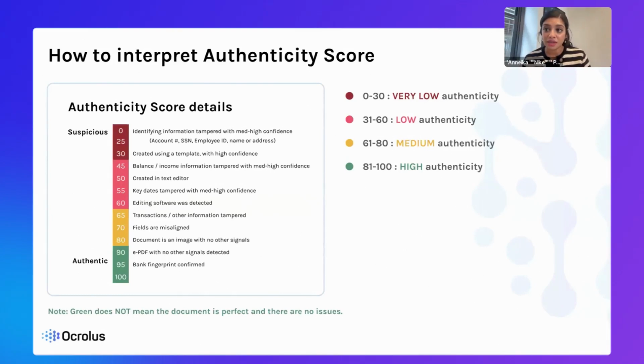So we feel 30 and below is pretty consistently a suspicious or not so good document. And that data came from a lot of customer feedback, a lot of interviews, and the things that are correlated with a really low authenticity score, we pretty consistently heard from customers, these are things we really don't like to see on documents. Like we really worry when someone has tampered with the account number. So that's how that feedback came to us.